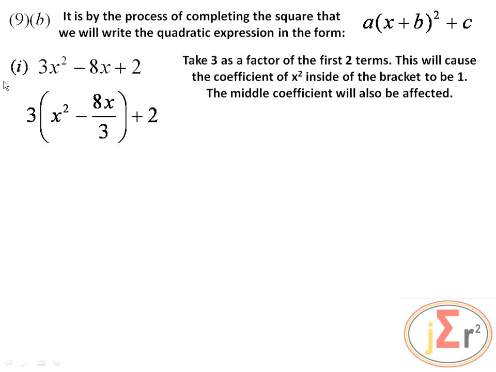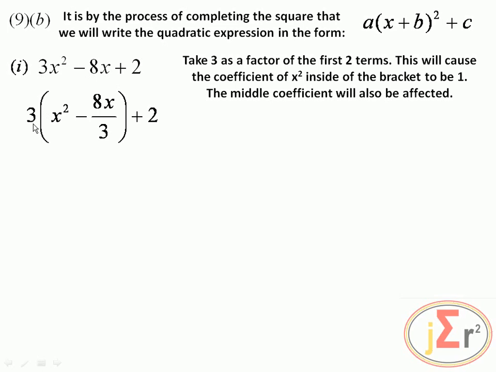Taking the 3 outside of a pair of brackets, if we are going to include a negative 8x inside here, then it means that this negative 8x will also be affected by the 3.